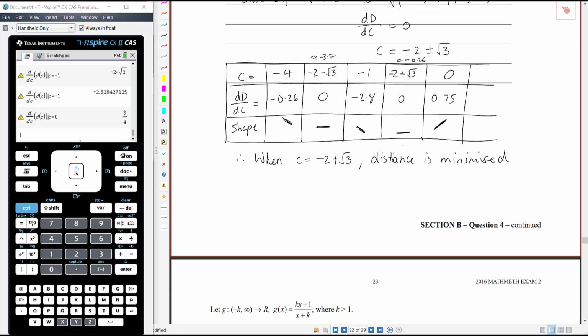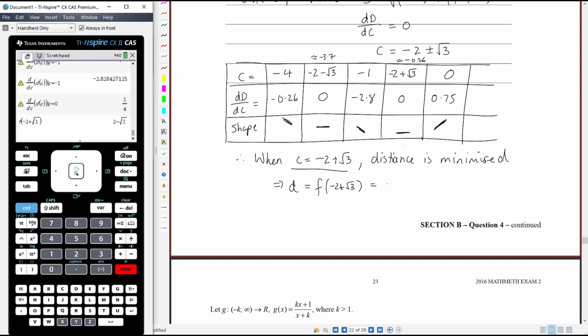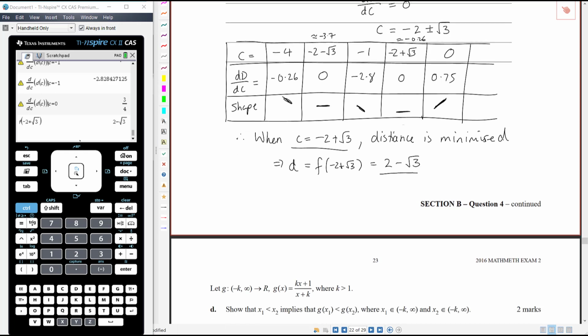Okay, c equals that. This means that d is f at negative 2 plus root 3. And so that is f at negative 2 plus the square root of 3. That is 2 minus root 3. And so that's the value of d, and then the minimum distance.